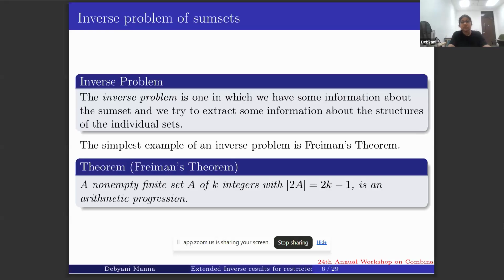The inverse problem is one in which we have some information about the sumset and try to extract information about the structure of the individual sets. The simplest example of an inverse problem is Freiman's theorem: for a non-empty finite set A of k integers with cardinality of 2A equal to 2k minus 1, A must be an arithmetic progression.